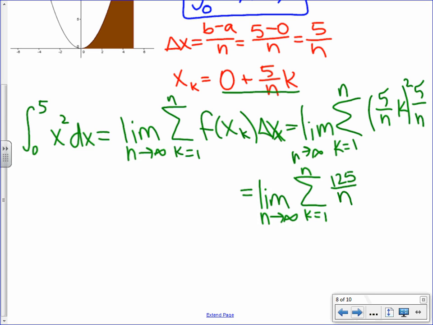So basically we have 5 cubed over n cubed times k squared. This is 5 squared times 5, and this is k squared.